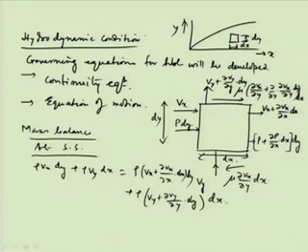Okay. Now, from this we can write that del Vx by del x plus del Vy by del y equals 0. So, basically in two dimensional terms we can say it is this.